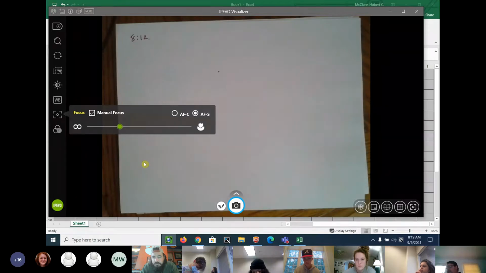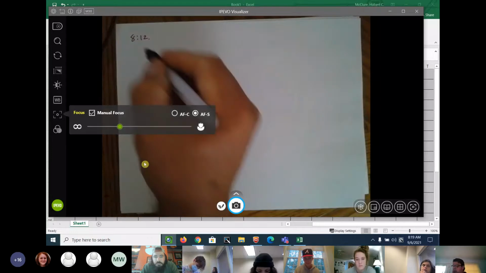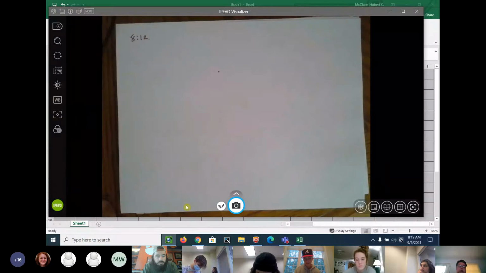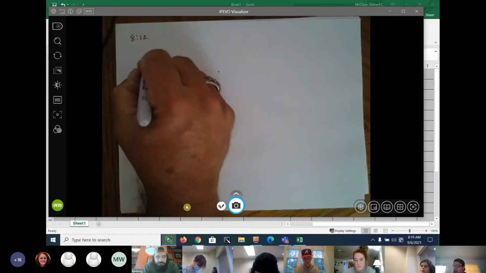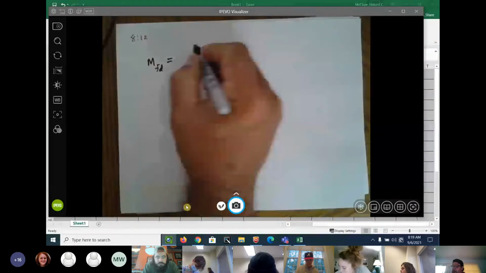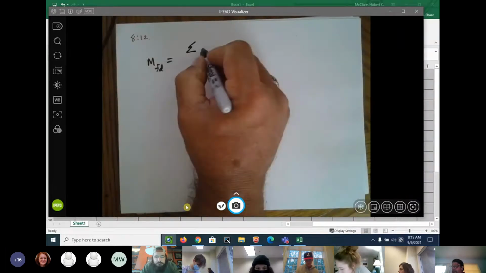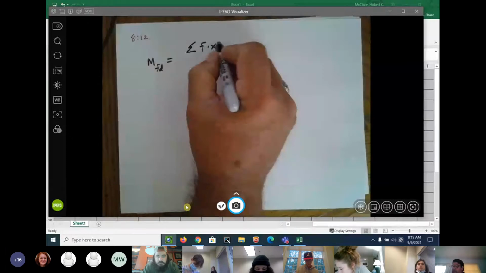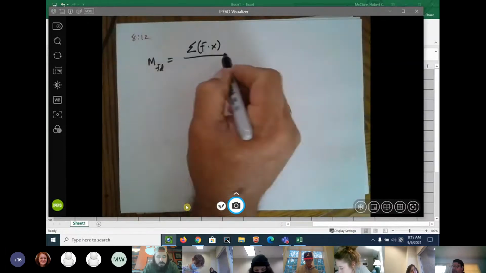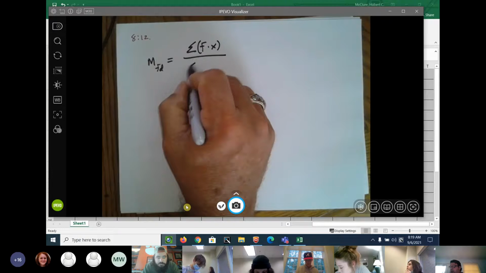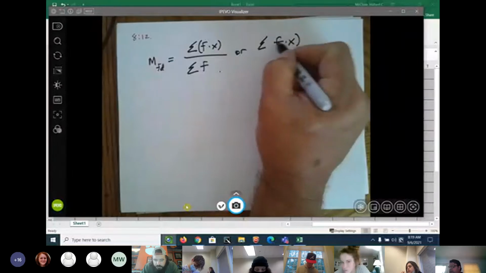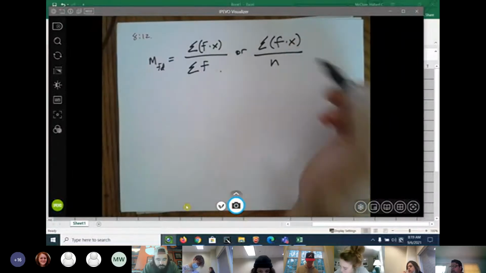So, with my pen, the mean of a frequency distribution is equal to the summation of f times x over the summation of f, or the summation of f times x over n.